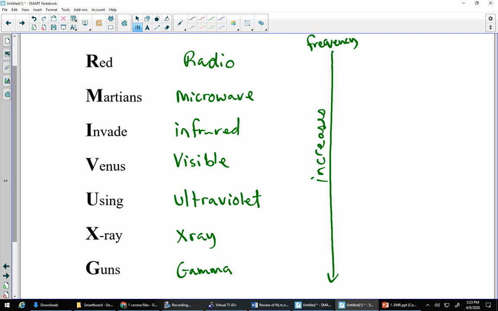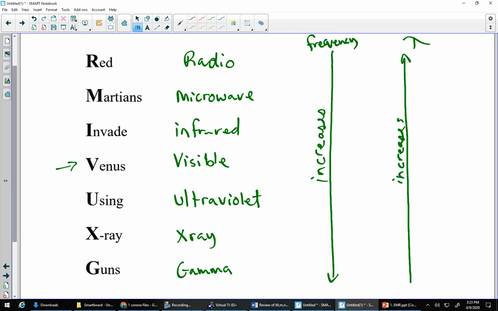So red has the lowest frequency, whereas gamma has the highest frequency. We also need to know the wavelength, and we already kind of talked about this. You know that they are inverse relationships. So what that means is wavelength increases as frequency decreases. So gamma has the highest frequency, it's got the shortest wavelength. So you do absolutely 100% need to know about these pieces.